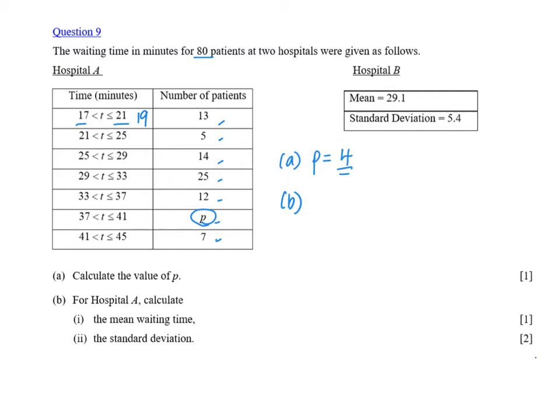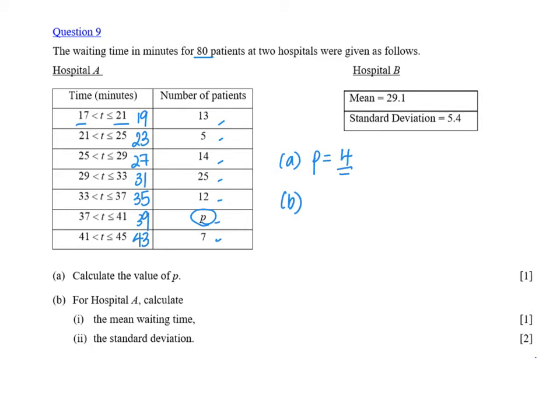Okay, I will get 23, 27, 31, 35, 39, and we'll get 43. Okay, so have you calculated the class marks for each of the different values?